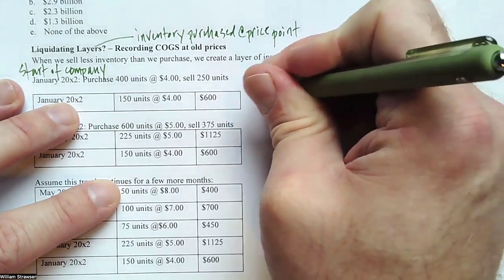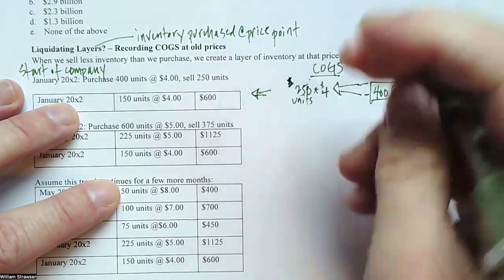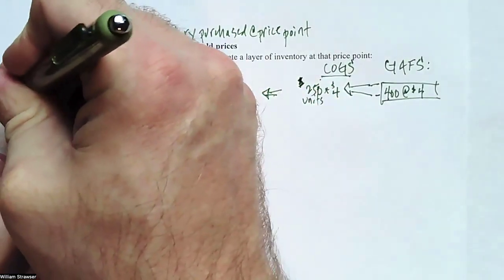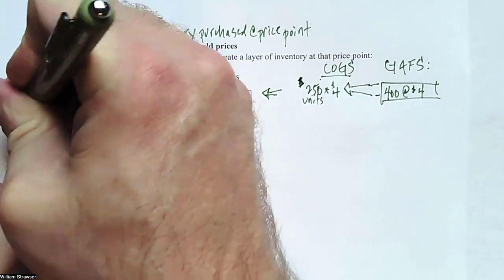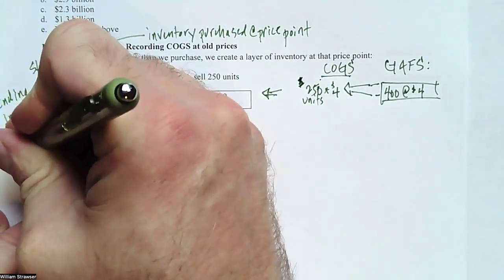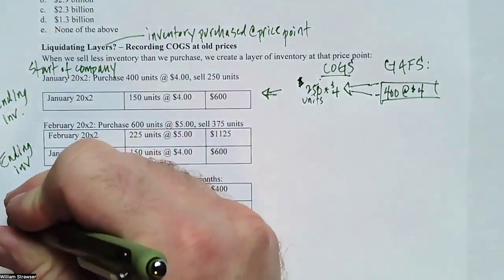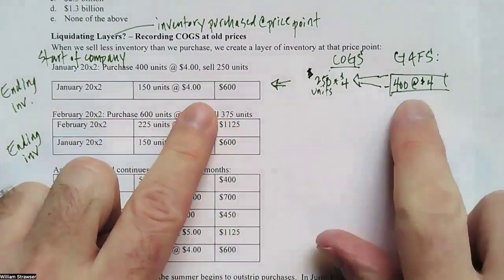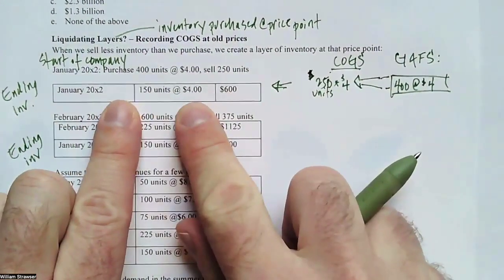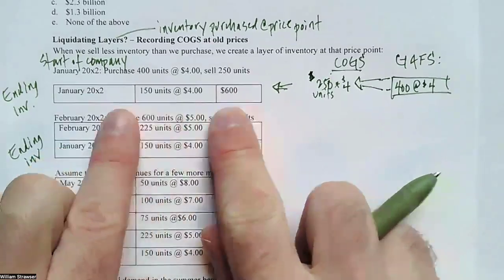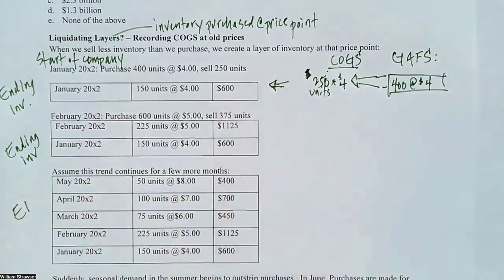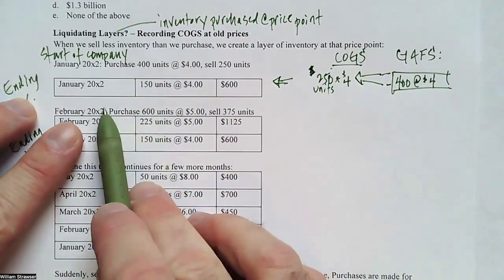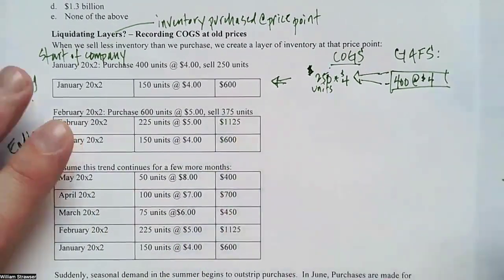And then this final layer over here, the one that's already printed for you, is the ending inventory for each. So after we sell 250, we only have 150 remaining at $4, and that translates to an ending inventory of 600.